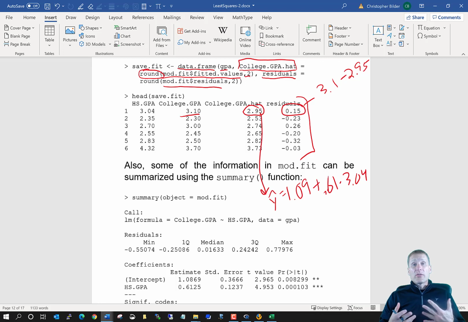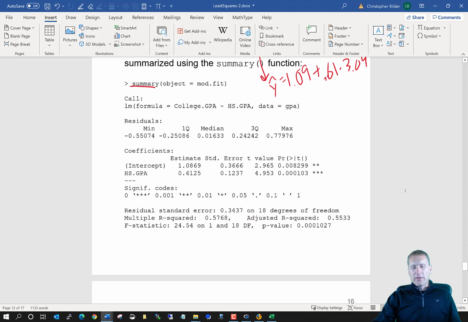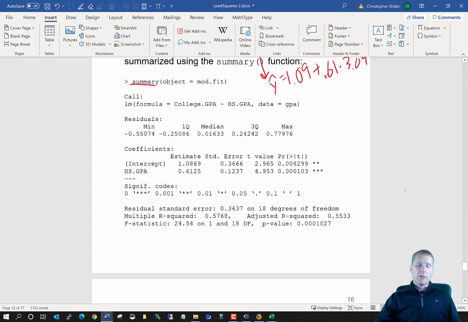But we can also summarize everything that's in mod.fit by using the summary function. We've seen that a number of times before, that this function can nicely handle particular kinds of objects. If I say summary(mod.fit), or more formally summary(object = mod.fit), this is what I get.